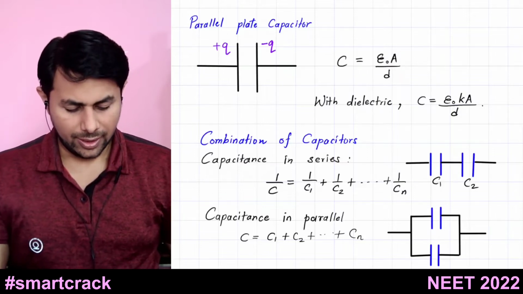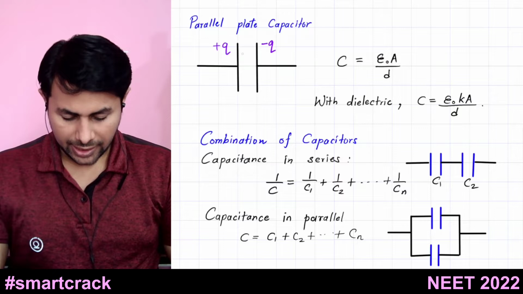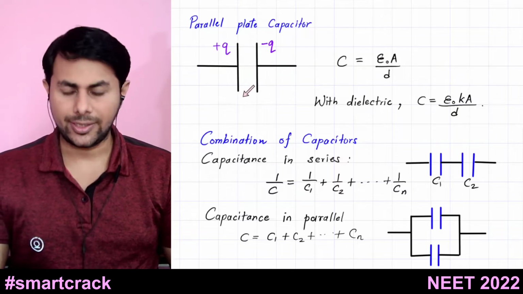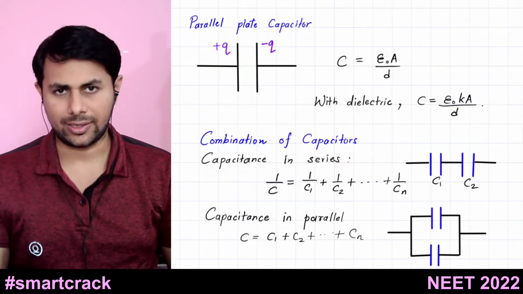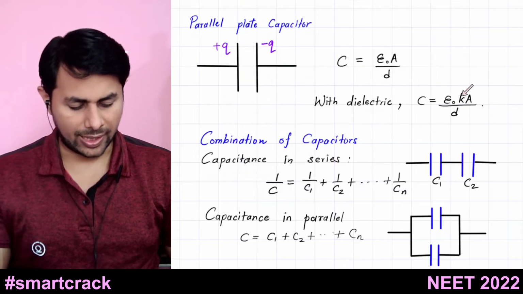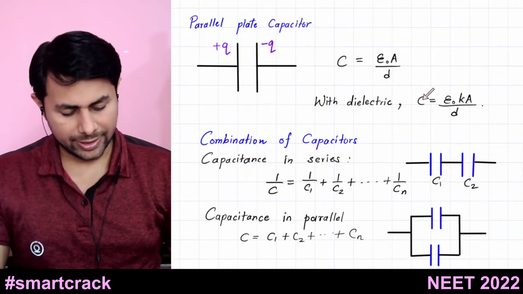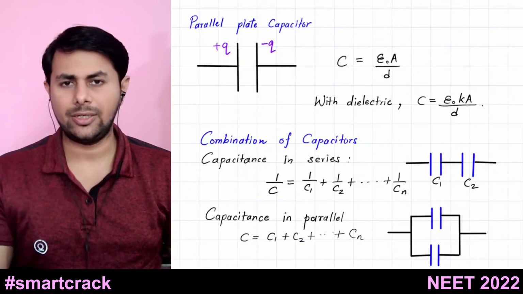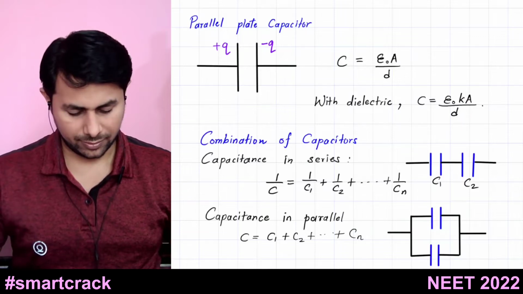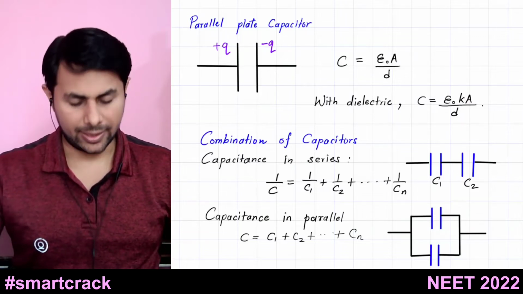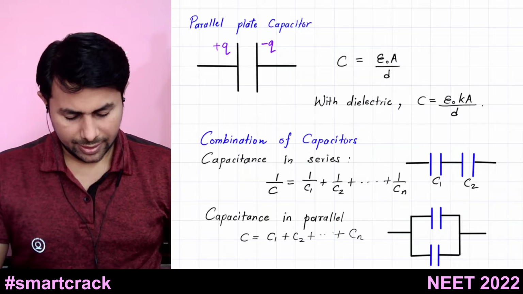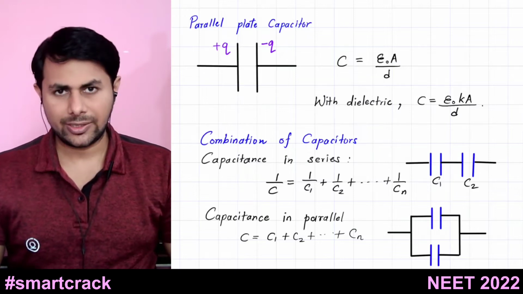All right, this is if there is air between the two plates. If you have some dielectric having dielectric constant K, then the capacitance is given by epsilon naught K times A divided by d.